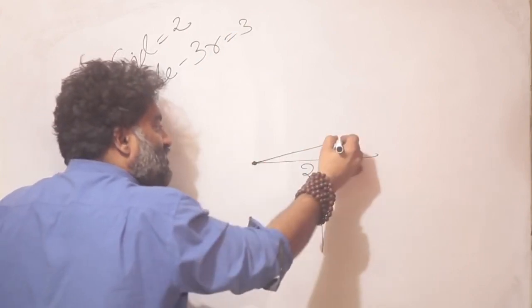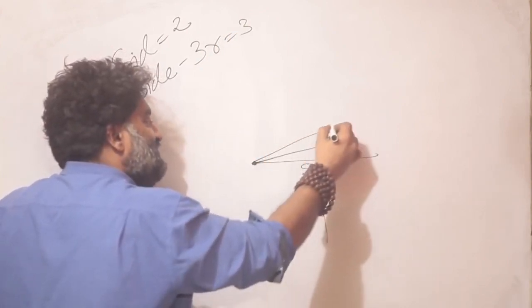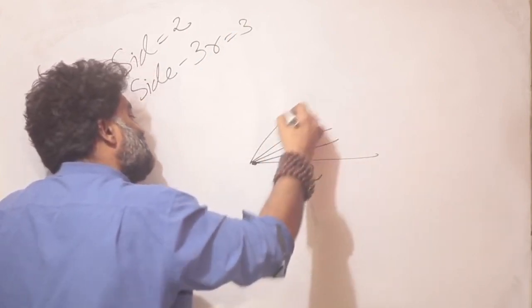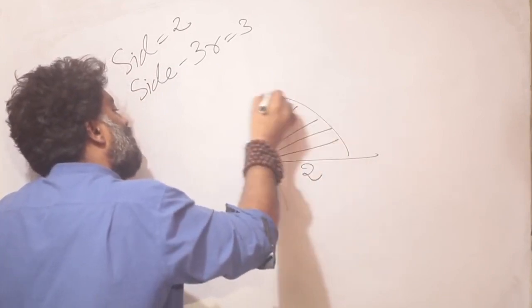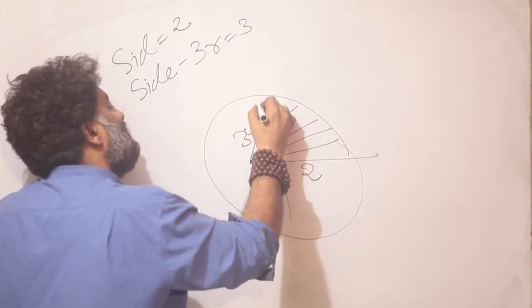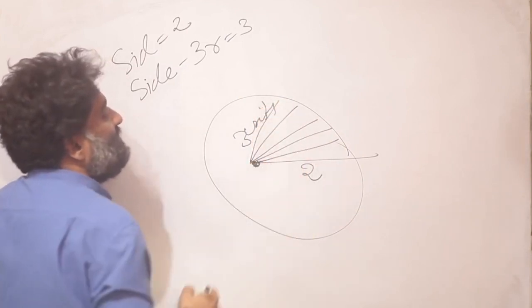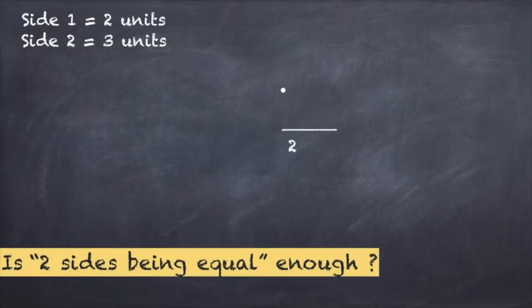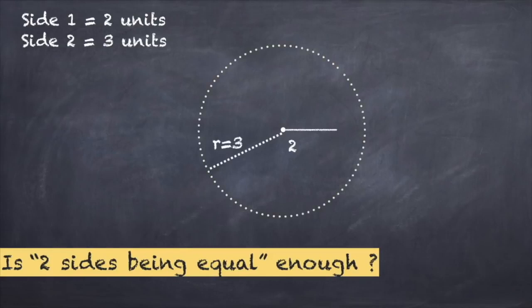Because you can draw 3 in this direction, in this direction, in this direction, but all of these points will be 3 units away from this particular center. So this is the way to indicate that if I had a base and it was given to me that it was 3 units, it could go in any direction and end up on a circle of 3 units, right? The distance will remain the same.